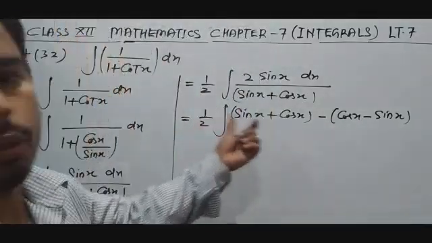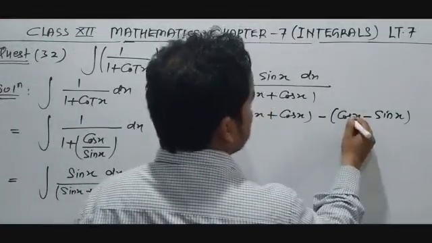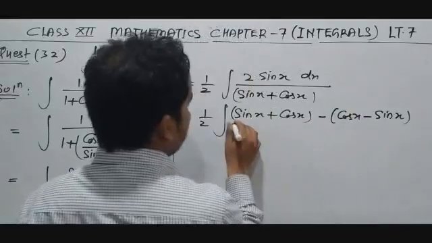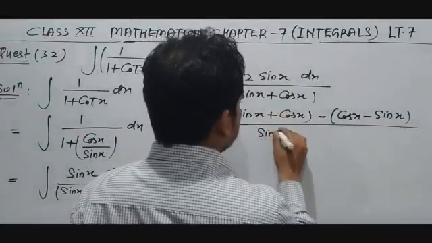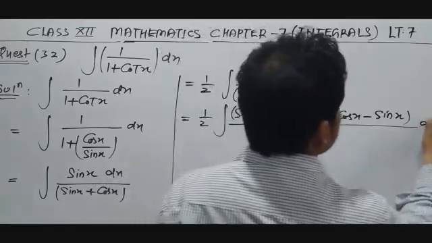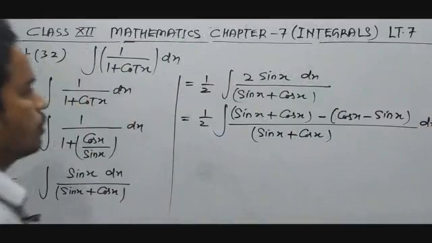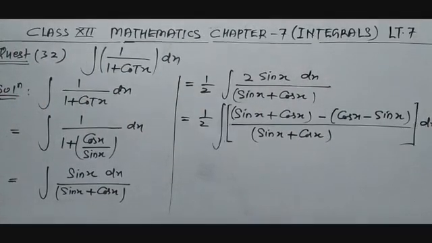When you open the bracket, cos x minus cos x cancels out, and sin x plus sin x will be 2 times sin x. So now the denominator is sin x plus cos x, with dx. Now you can split into 2 terms of integration.